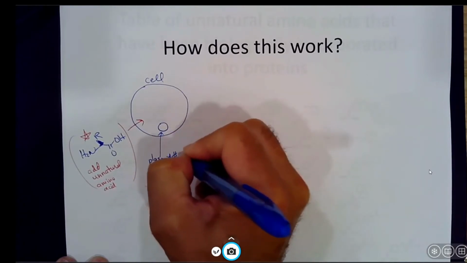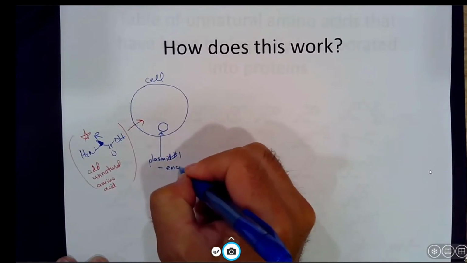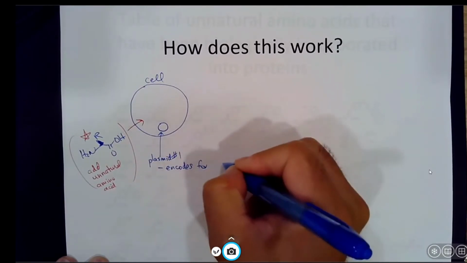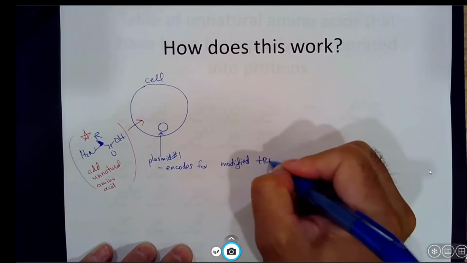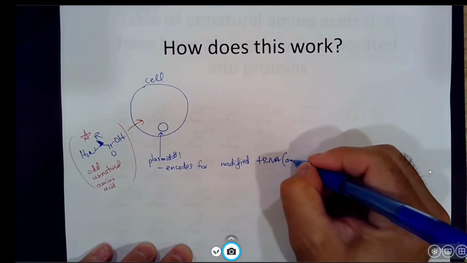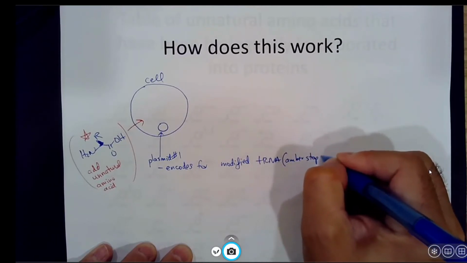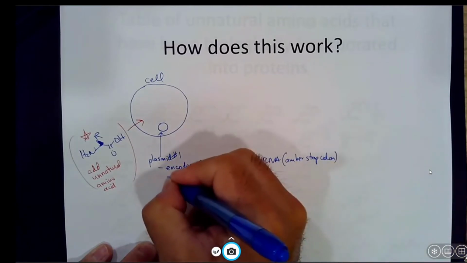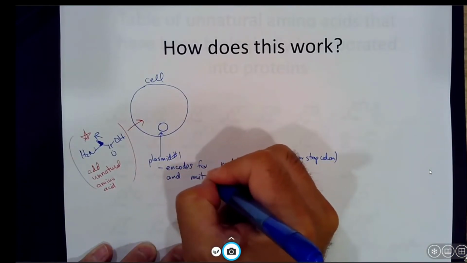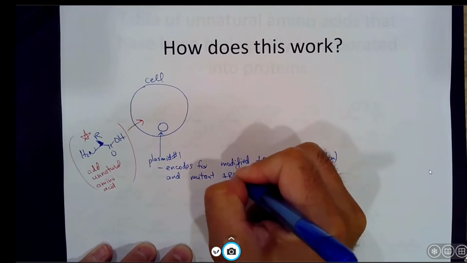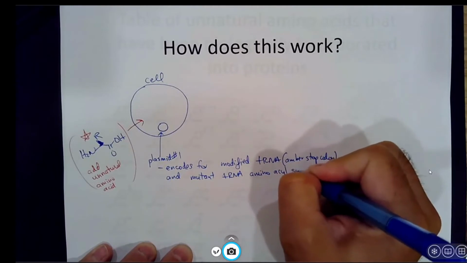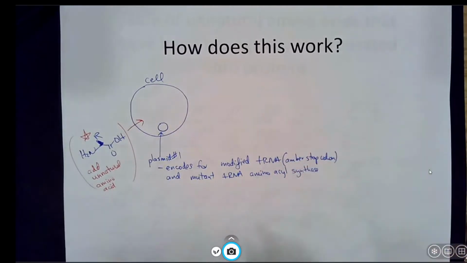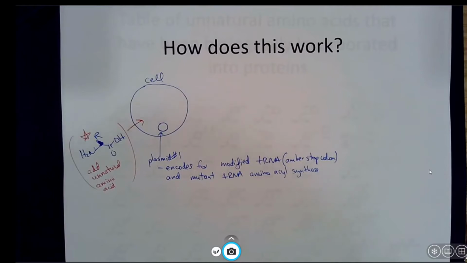Call this plasmid 1, and it encodes for the modified tRNA, the amber stop codon, and a mutant tRNA aminoacyl synthetase. Okay, so you have to have the synthetase that's going to bind to that tRNA.